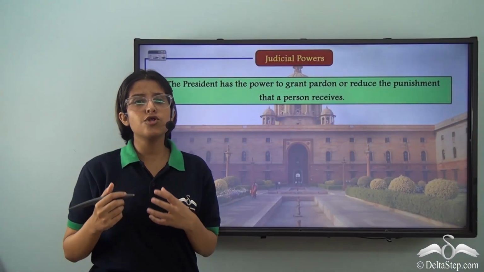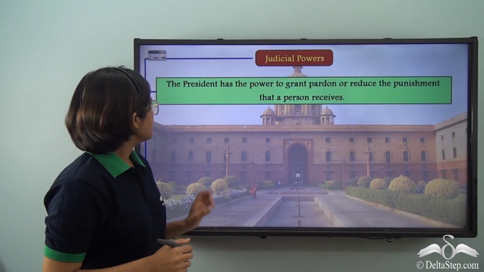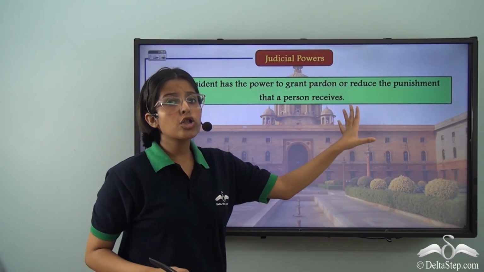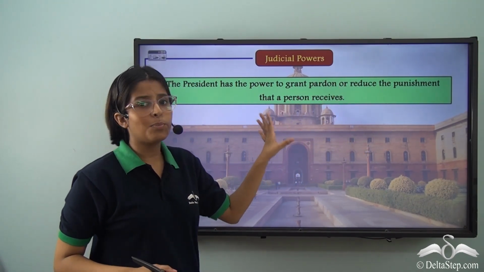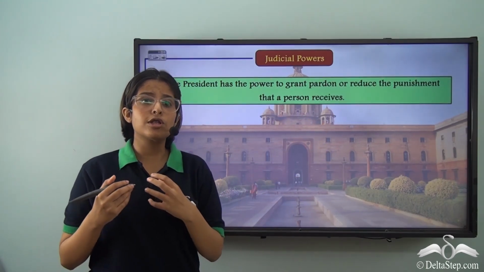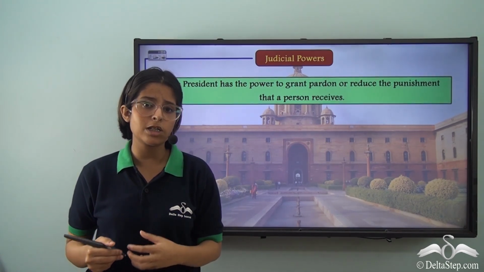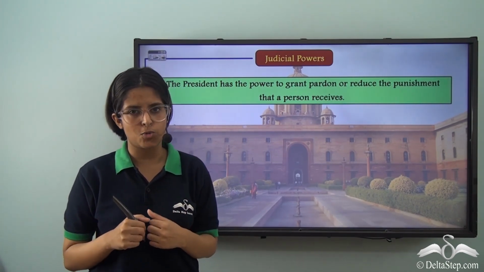So let us go through the judicial powers as we have studied. The President has the power to grant pardon or to reduce the punishment that a person receives. He can reduce the sentence or grant pardon to someone who has been convicted of a crime and been given a punishment.